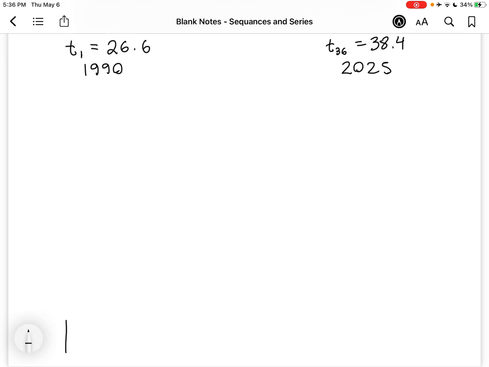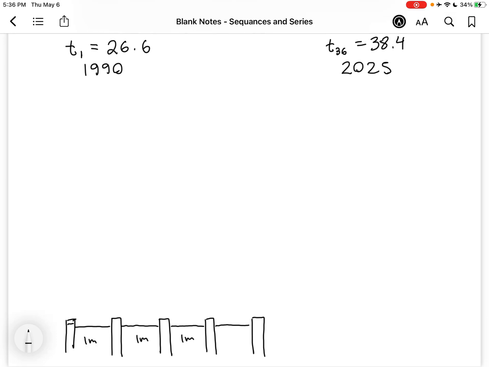If you look at a fence, and you want to count the length of the fence, let's say these are each 1 meter, then you'd count the number of panels.